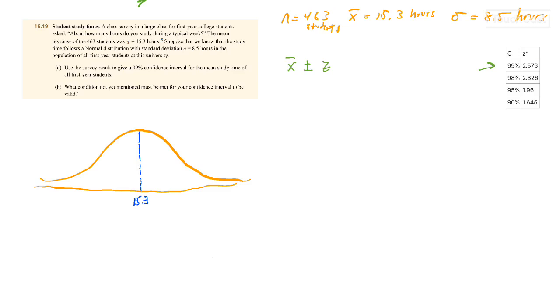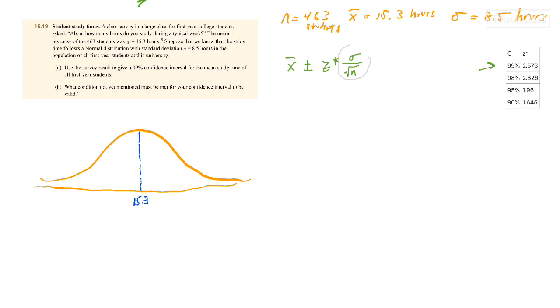I believe you can go as far down as 80, I've seen. So the z-score for the confidence level times the population standard deviation divided by the square root of the sample size.